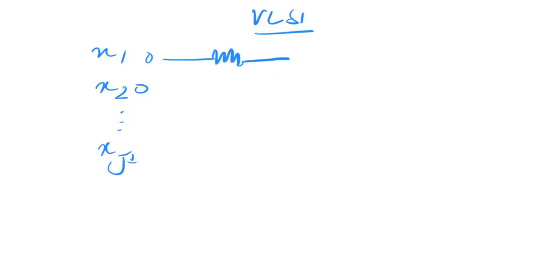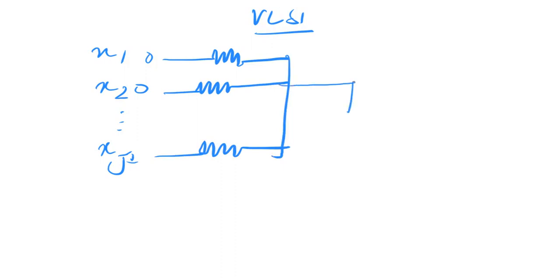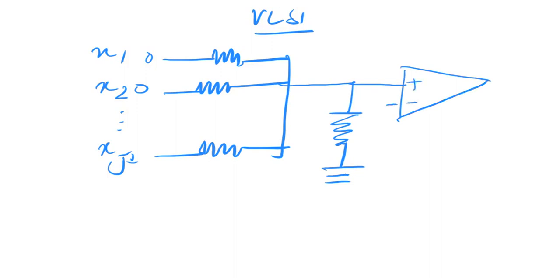VLSI, and we have a similar model to what we just drew for the McCulloch and Pitts: X1, X2, and then XJ1. Draw these, and this one heads for the positive potential, and we have the negative potential towards the bias, which is theta.